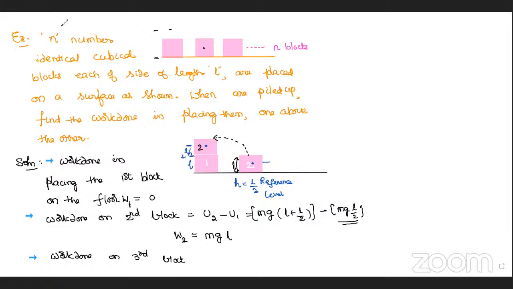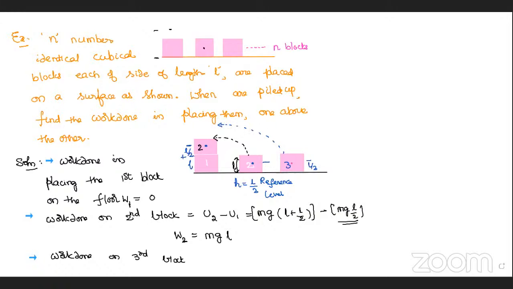Very good, good response. So here, the third block actually is on the floor, and its initial height is also L by 2. But it is shifted to here. Shifted to here means to what height?